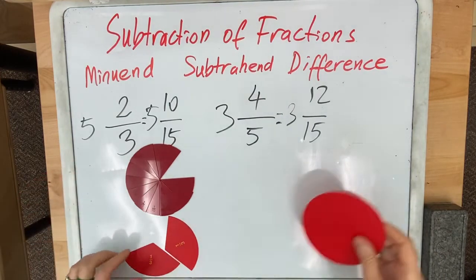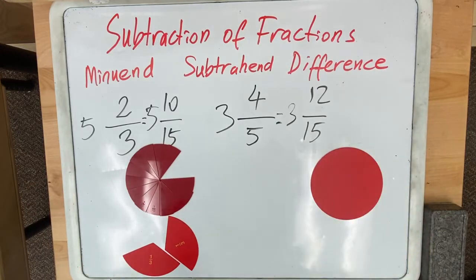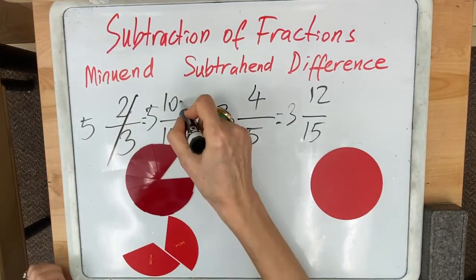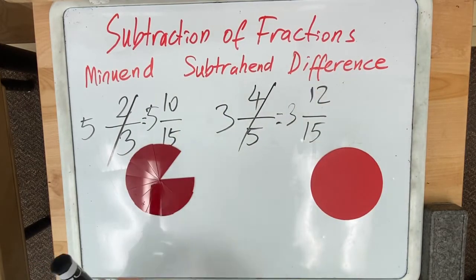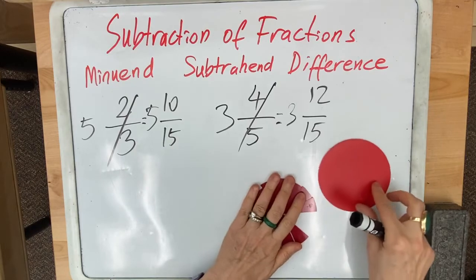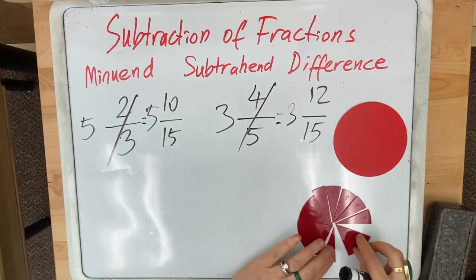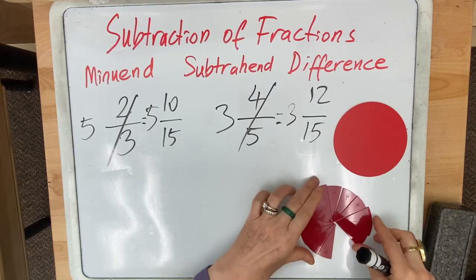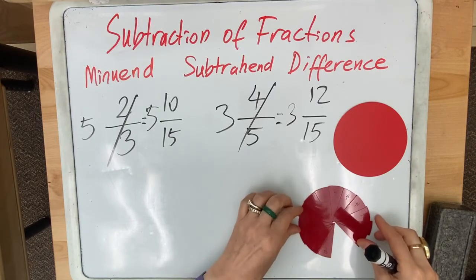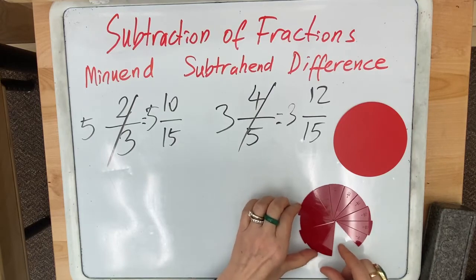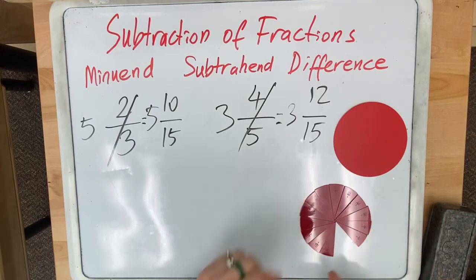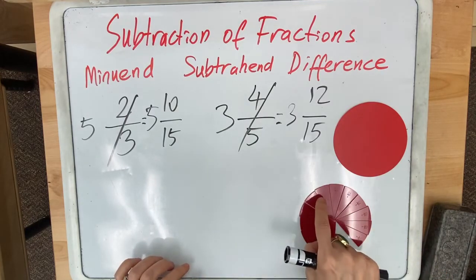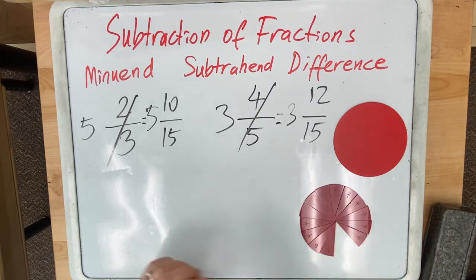What do I have left? This is what I have left. 1 whole and how many 15ths? Let's count. 1, 2, 3, 4, 5, 6, 7, 8, 9, 10, 11, 12, 13.